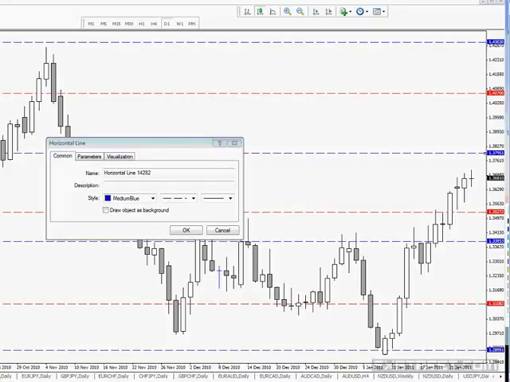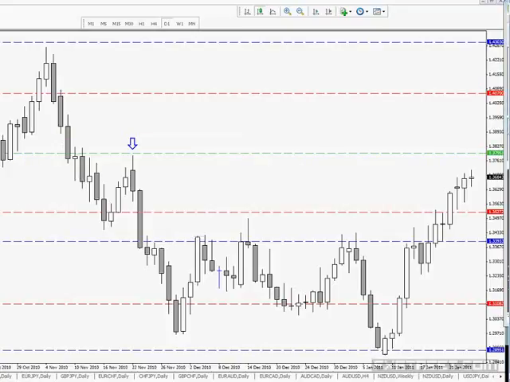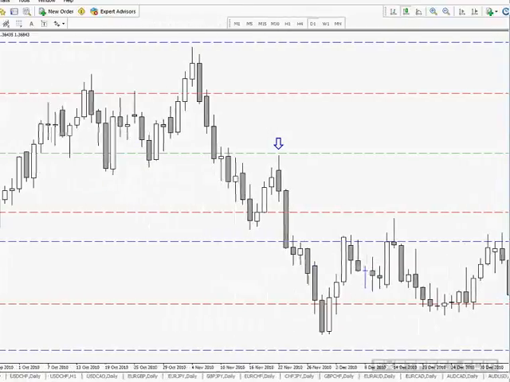Let's try a darker green. Okay, there we go. That'll work. So what we have here is this 37.95. Now let's go back, and you can use MetaTrader as a sort of back testing program.